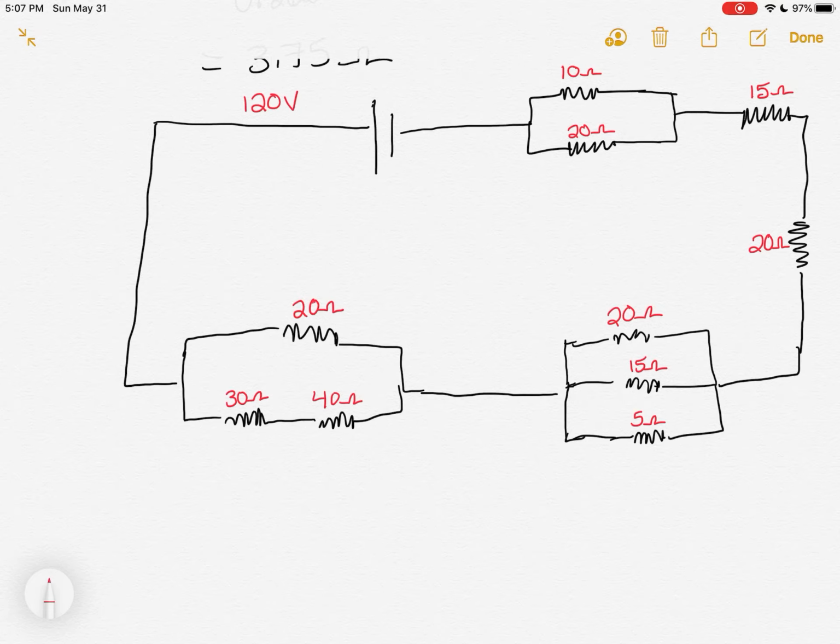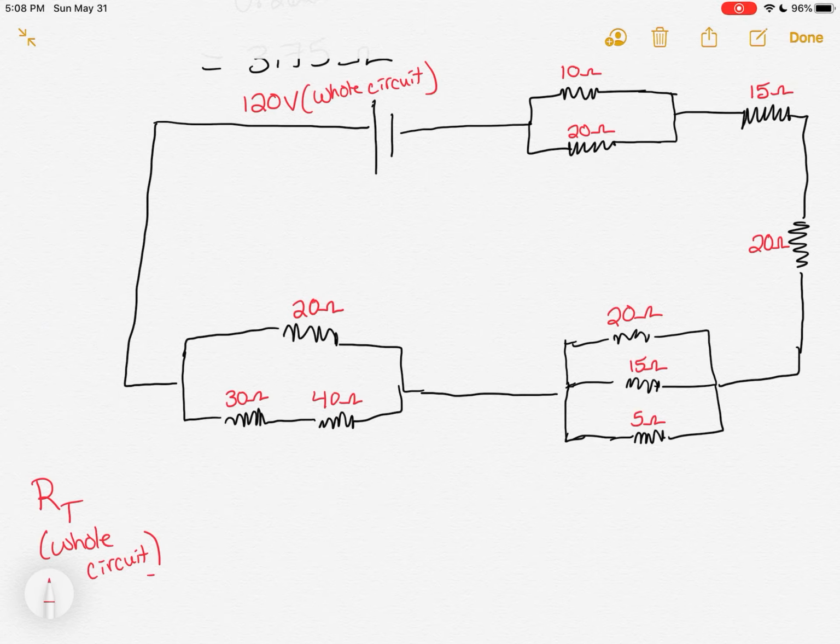And with this circuit, we know that it is 120 volts for the whole circuit. Okay. So the first thing that I want us to do is find the total resistance for the whole circuit.